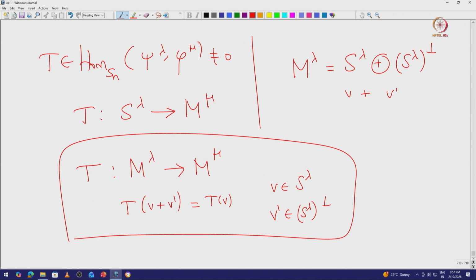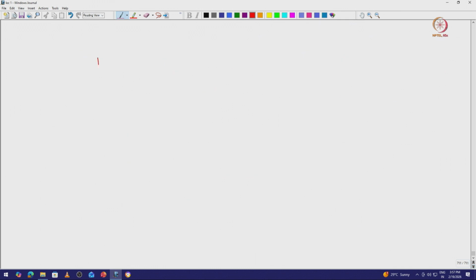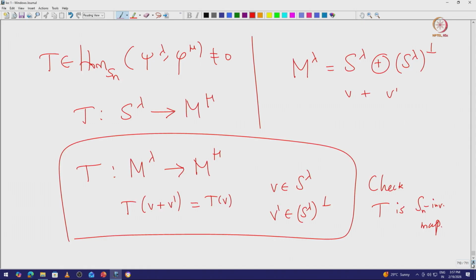Now, it is not very difficult to see that it is indeed a morphism of representations, because S^λ perp is also Sn invariant. So, I will leave it to you to check that this T is indeed an Sn invariant map. Clearly the kernel of T cannot contain S^λ, because T is a non-zero map defined first on S^λ, and now we have extended that to M^λ.